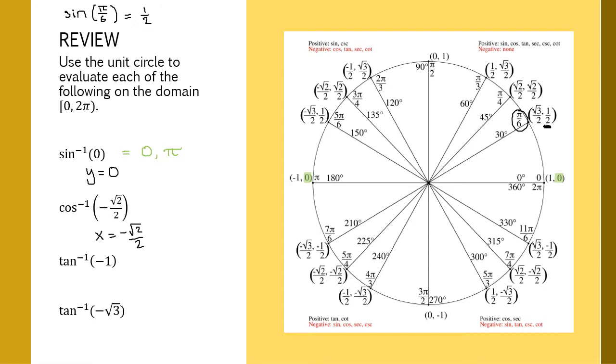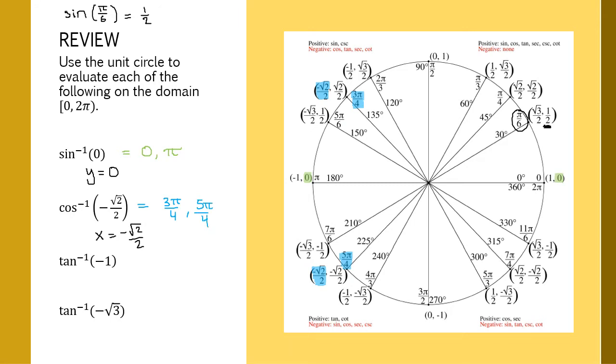So x-coordinates of -√2 over 2, I see that up here at an angle of 3 pi over 4. And I also see this down here at an angle of 5 pi over 4. So the inverse cosine of -√2 over 2 is going to be equal to 3 pi over 4 and 5 pi over 4.